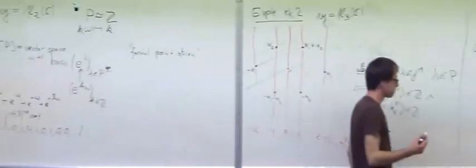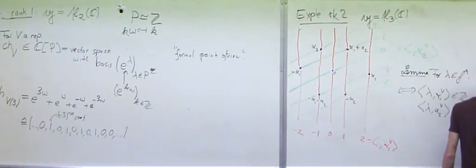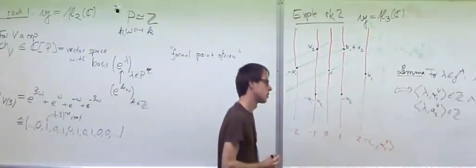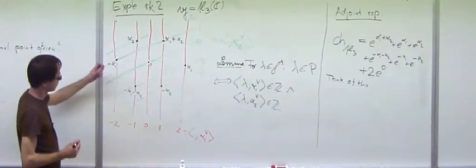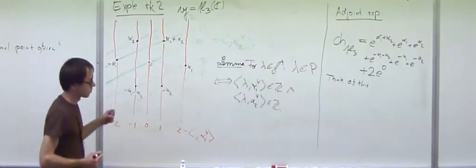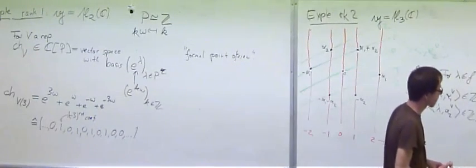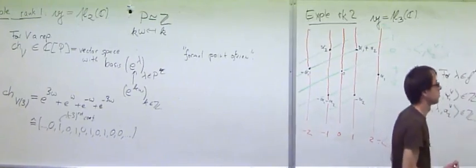And again, it's kind of an infinite matrix, but the easiest way to think about this is in terms of the picture. The coefficient of e to the alpha 1 plus alpha 2 is 1.